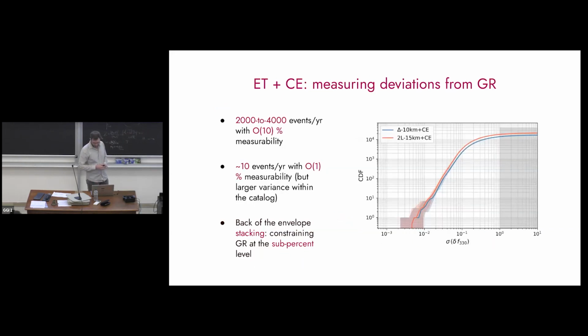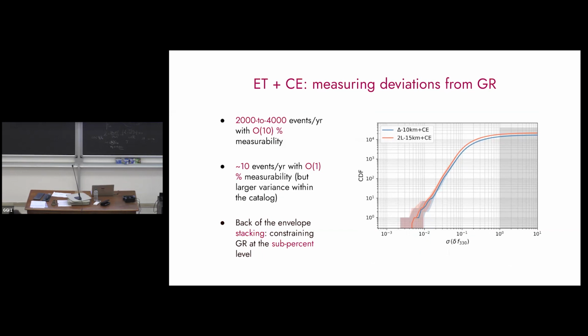So now if you look at this, as a reference, I took the ability of measuring the deviation in the 3-3 mode. And what you see is that if you want to check how many events are able to constrain this mode from GR at the 10% level, you have a lot of them, like 2,000 to 4,000, depending on the design.